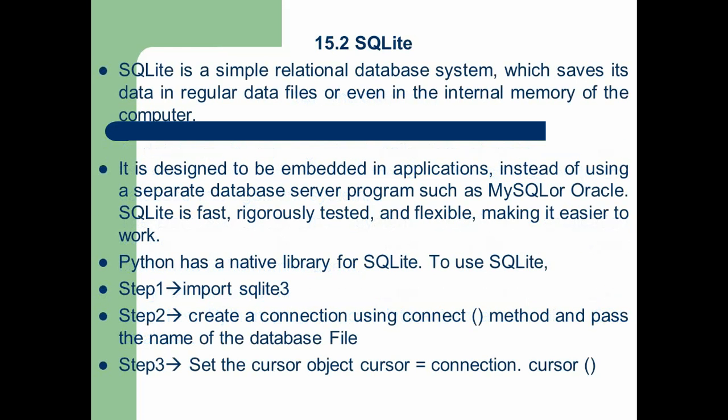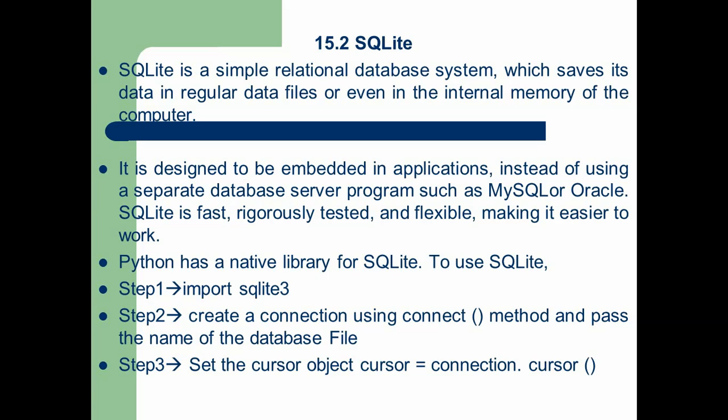SQLite is a simple relational database system which saves its data in regular data files or even in the internal memory of the computer. It is designed to be embedded in an application instead of using separate database server programs such as MySQL or Oracle.